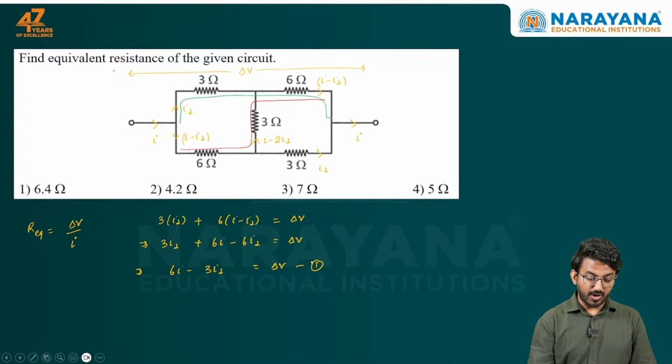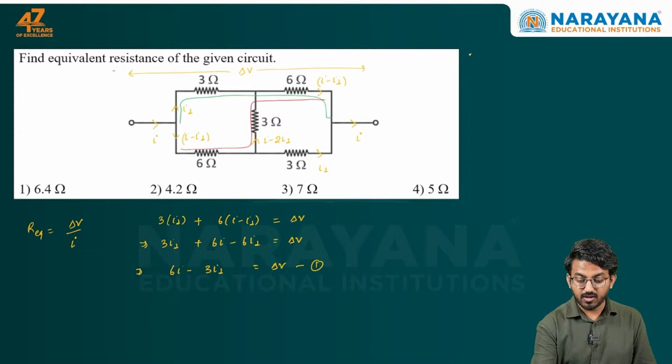So now we can write the equation for the remaining, the red path here, where I will have 6 times (I minus I1) plus 3 times (I minus 2I1) plus 6 times (I minus I1), and that is the entire delta V with us.